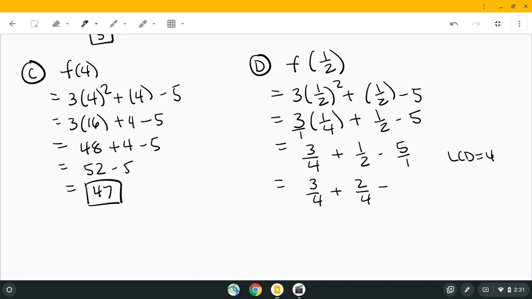And then this one will be 20 over 4, which is equivalent to 5. Okay. And then when I add and subtract here, I get 5 over 4 minus 20 over 4. And my final answer is negative 15 over 4. Okay, so you should have gotten negative 15 over 4.